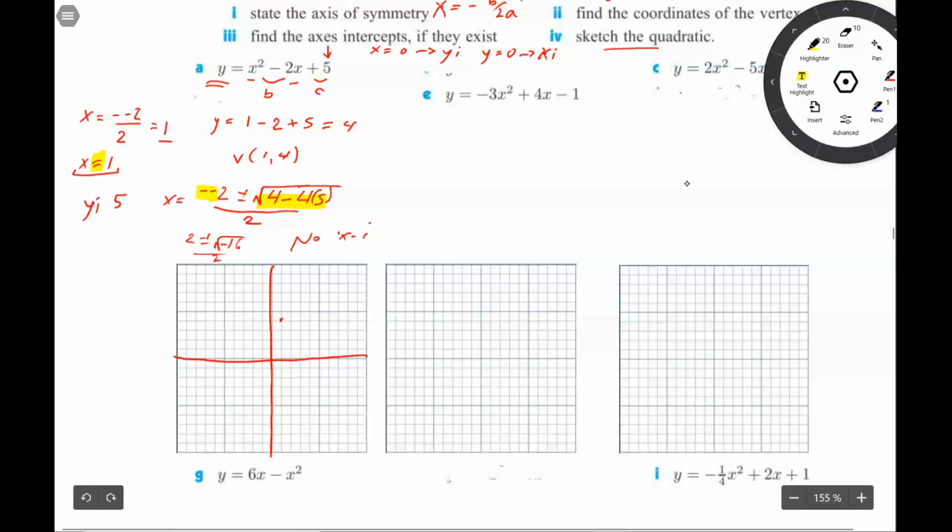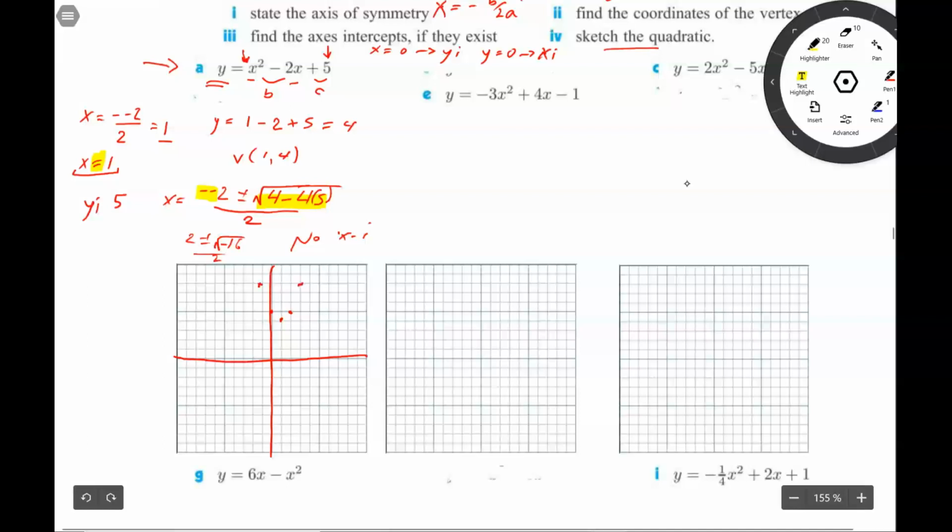So at 1, 4, I'm going to put a dot. The other thing we know is the parabola opens up, right? Because the a value is a positive number, so it's going to open up. The other thing we know is the a value is 1, so we know that it's going to go up at a familiar rate of 1, 1, 2, 4, etc.